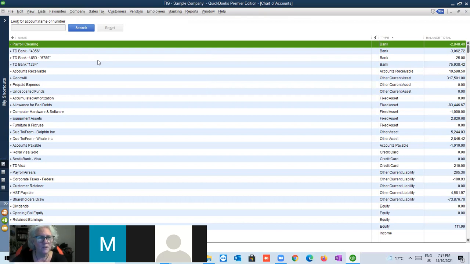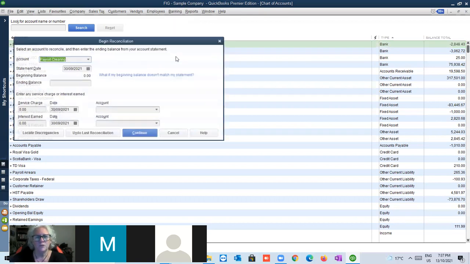Okay, so payroll clearing. What happens here is where you have individual checks. Everybody is individual, and they will go to the bank account, and the checks will show up.